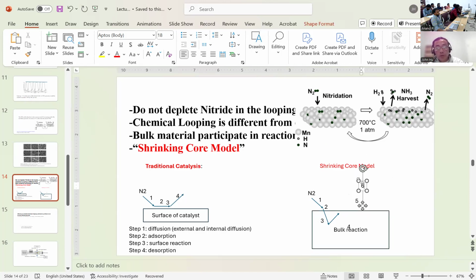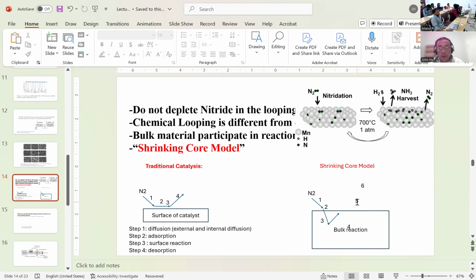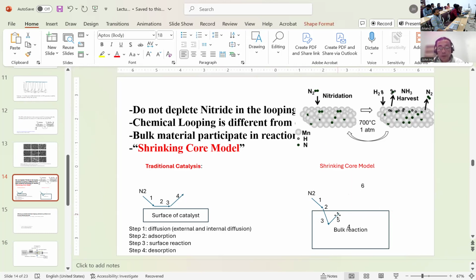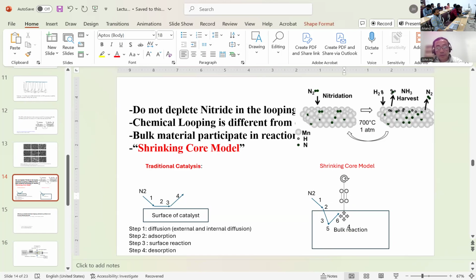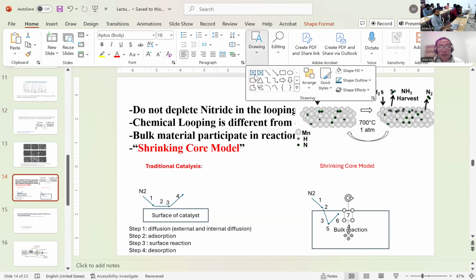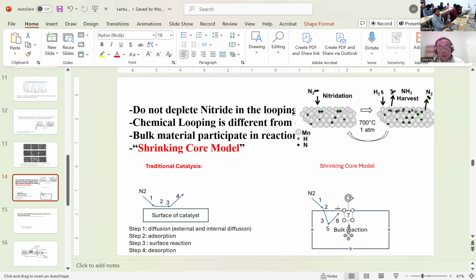the modeling work on the shrinking core model is very complex. So you can see it's a 7 steps. Okay, let's take a look at how the chemical looping shrinking core model works.